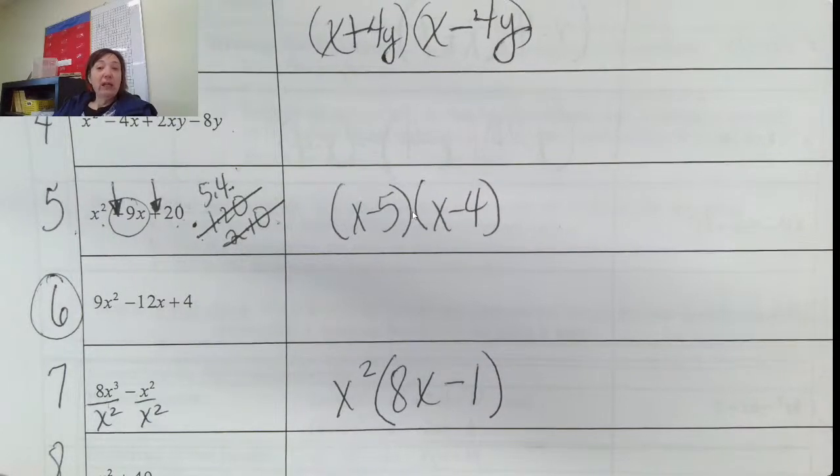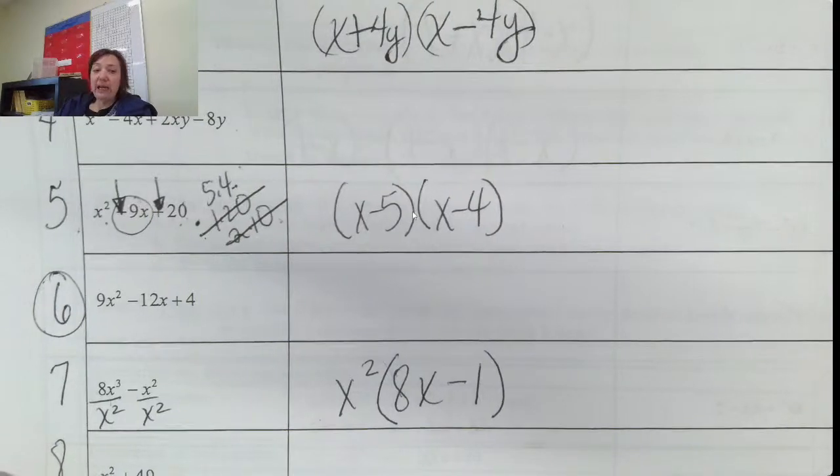We could do negative x squared if we wanted to, but it's not necessary. If you did negative x squared, what would happen is you'd change all the signs. But it's a lot easier if this is not a negative out here, so you're not dealing with the negative up there or this being a negative right here. Now, that's factored. That's as factored as that's going to get. Okay? Everybody good so far?